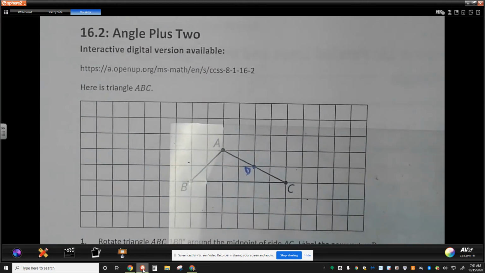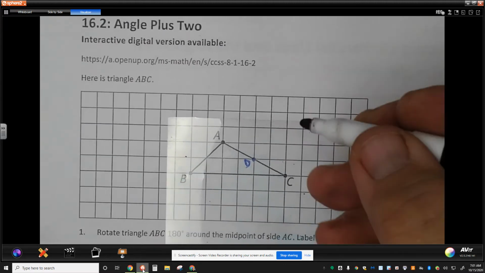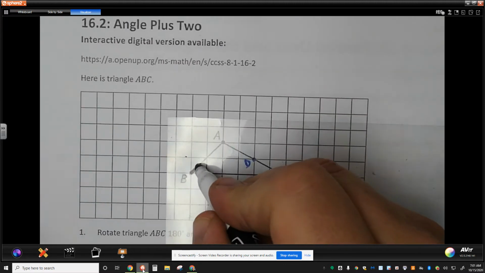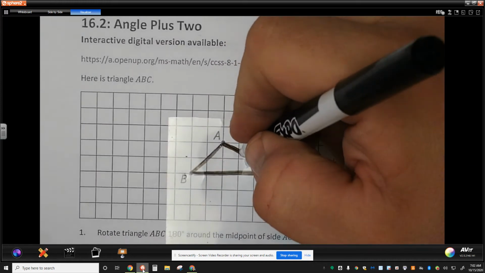Something we can remember about rotating 180 degrees around a midpoint is that our segment AC, where the midpoint is located, will not move off of the line, but A and C just end up in the same place.